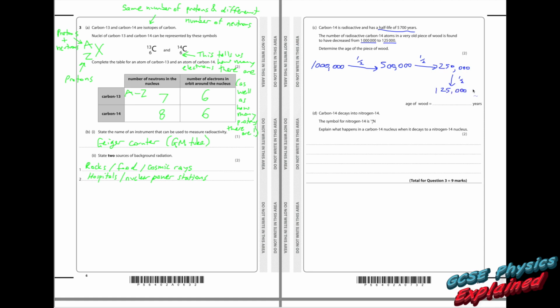So what we've got then is 1, 2, 3 half-lives. Now it's said up here that a half-life is 5,700 years. So 3 half-lives equals 17,100 years.